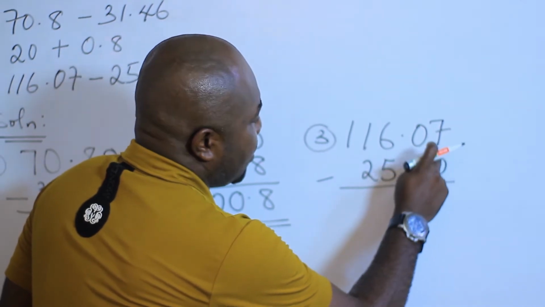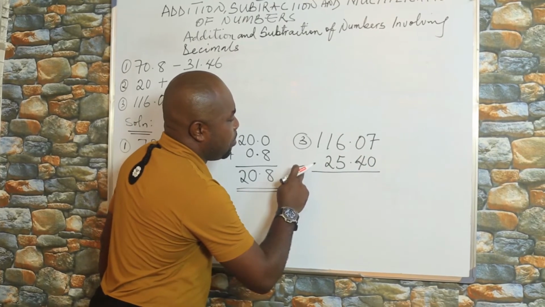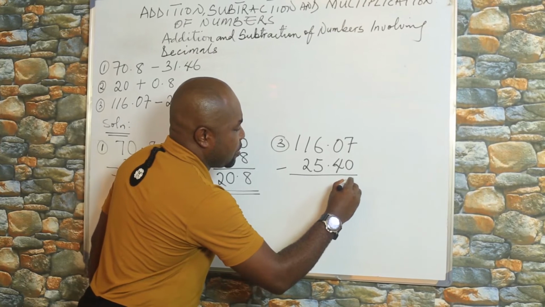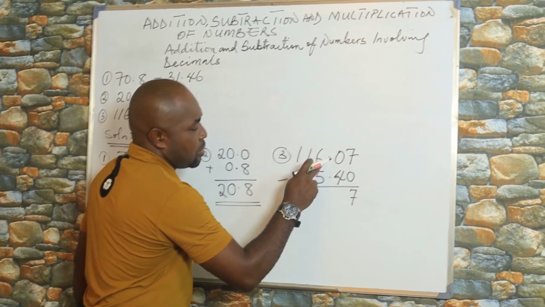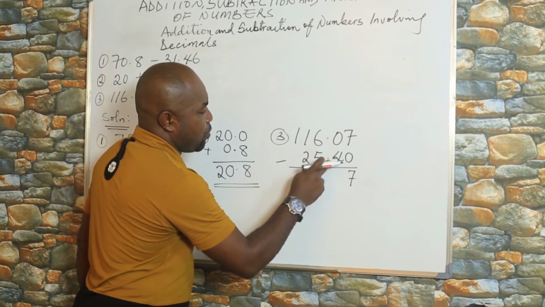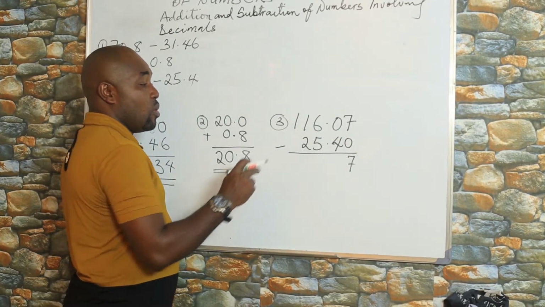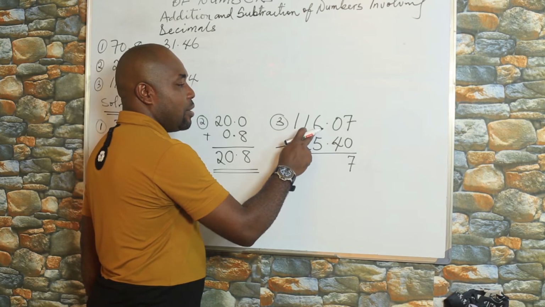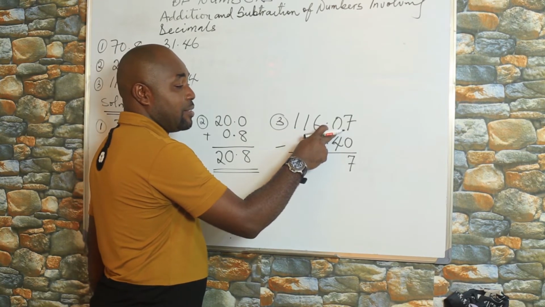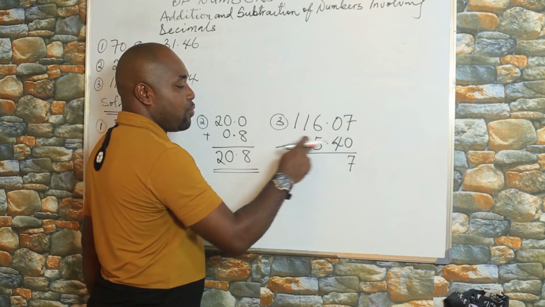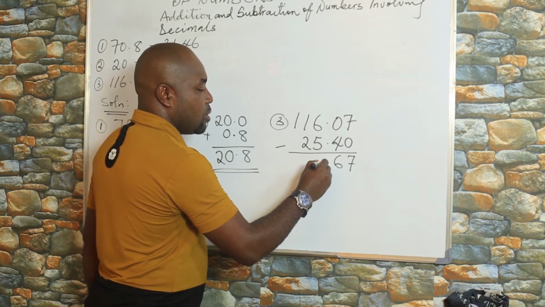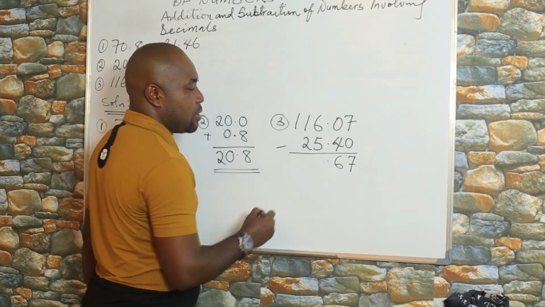Take this. 7 minus 0 is 7. 0 minus 4, it cannot go. We have to lift 1 from here. Put here, it's 10. 10 minus 4 is 6. Remember your decimal point.